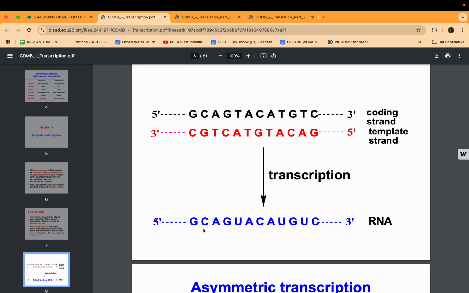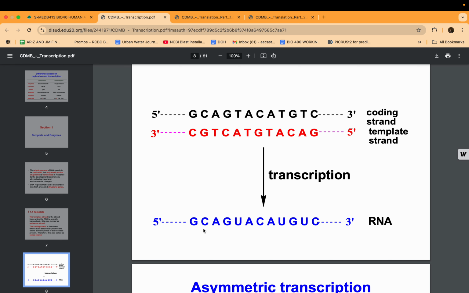Take note that there is a specific description for the process of transcription. Since only the template strand is used for transcription and the coding strand is not, both strands can actually be used as template. So you have to follow the direction at which RNA polymerase adds nucleotides to the nascent RNA transcript.